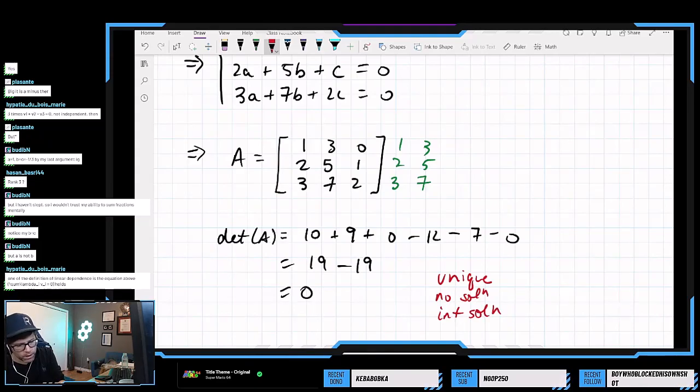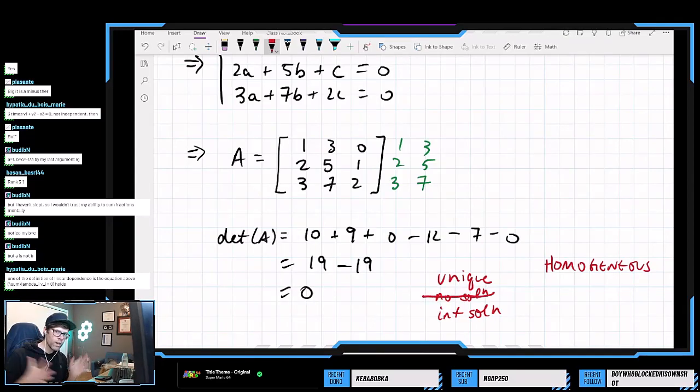However, we're working with a homogeneous system, so I know that the no-solution case can't happen. I always have at least the trivial solution. So if my determinant was non-zero, that forces me to have a unique solution only, which is the trivial solution.